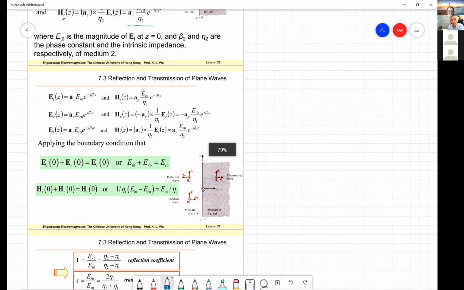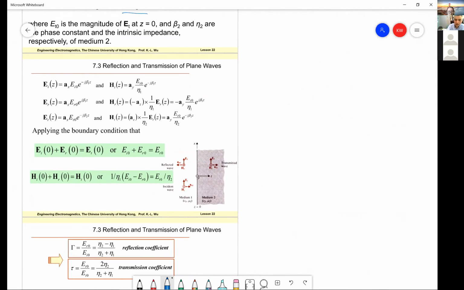Okay, then we add incident wave plus reflected wave in medium 1, and then we have this in medium 2, right? Then this is the electric field.